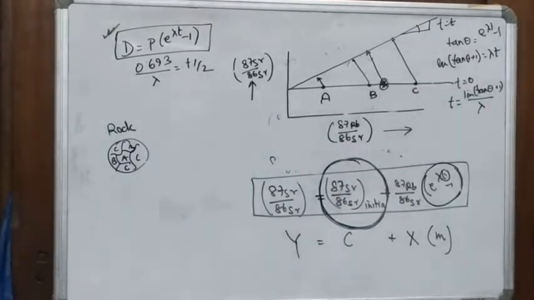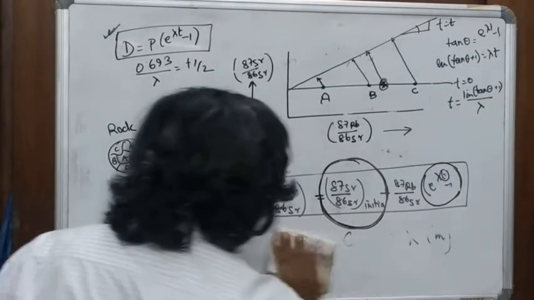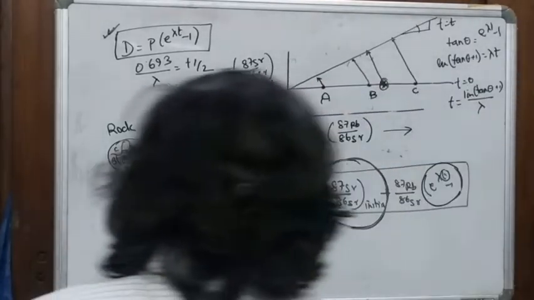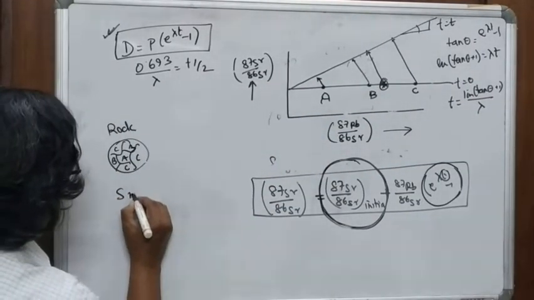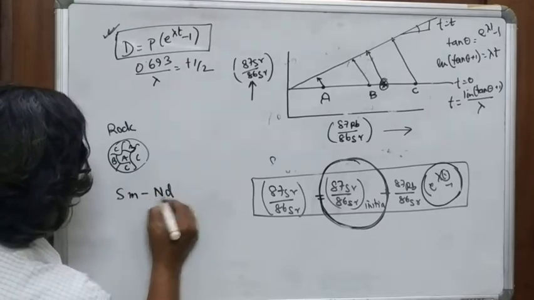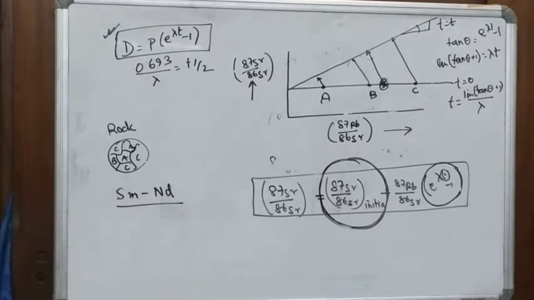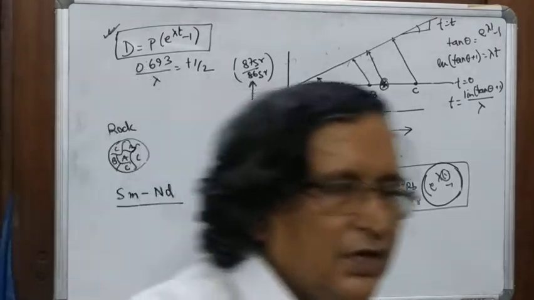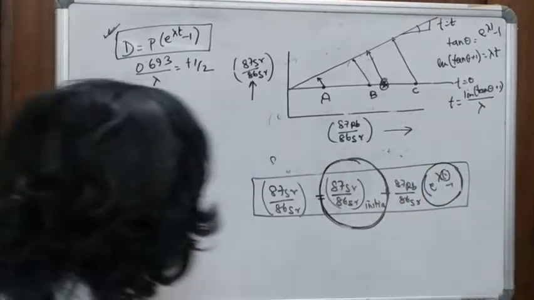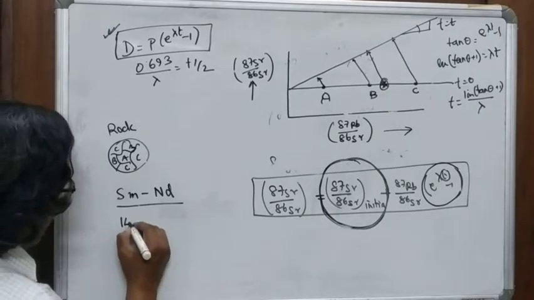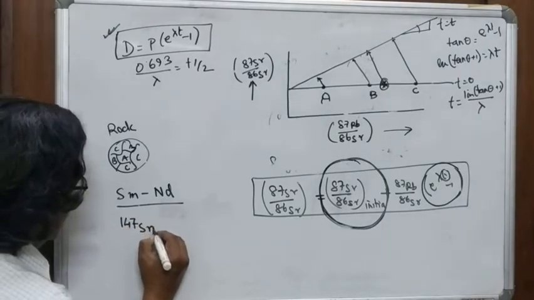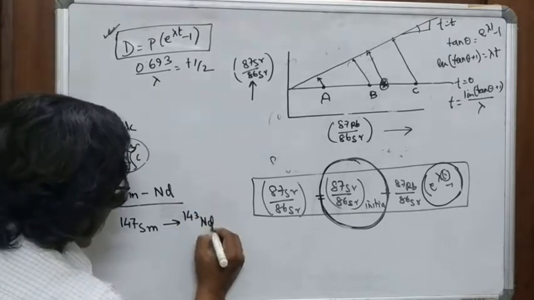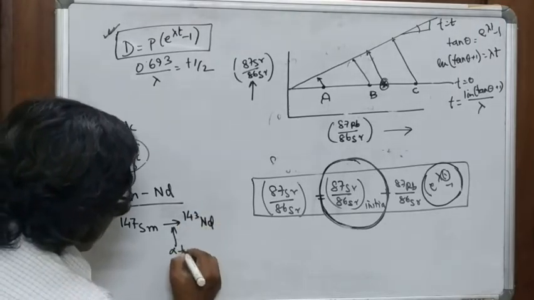So if I tell you, what would be the equation for, say for example, samarium and neodymium? They have a parent-daughter relationship. Samarium has several isotopes, and so does neodymium. But the important point is, 147 samarium disintegrates to 143 neodymium, and this is an alpha particle decay.